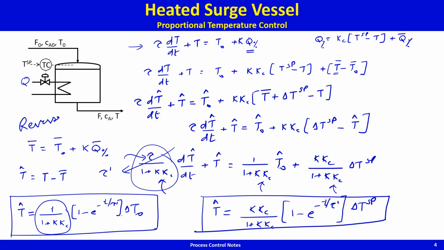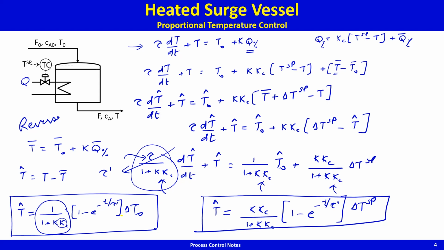With control, if Kc is large, you are dividing by a number that is greater than 1, possibly much greater than 1. Delta T naught increases by 1, T increases by 1 over 1 plus kkc, which is much smaller than 1. So now temperature is not being allowed to deviate too far away. The deviation is not 0, but it's much less than 1:1.